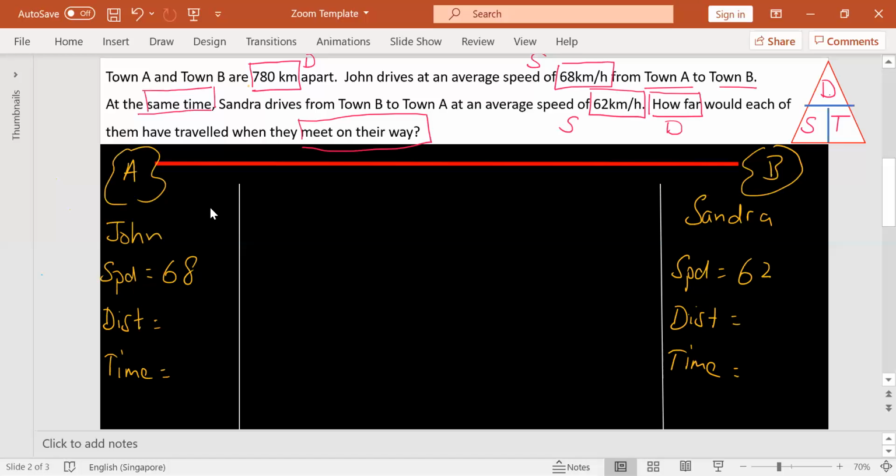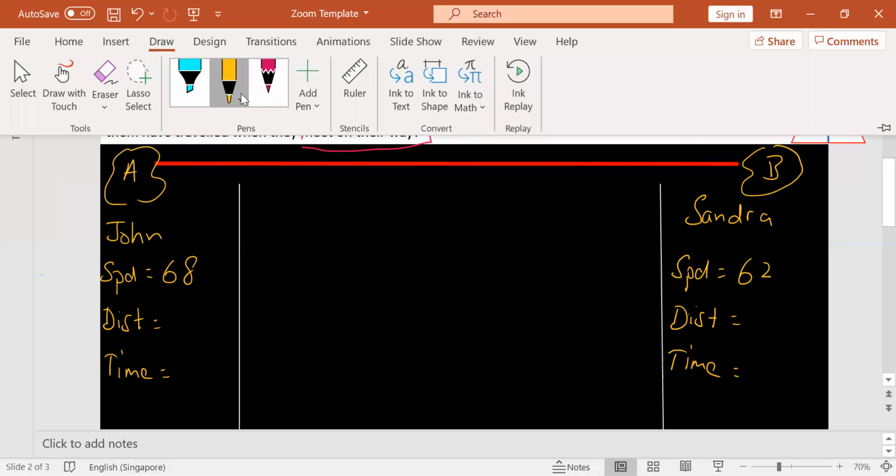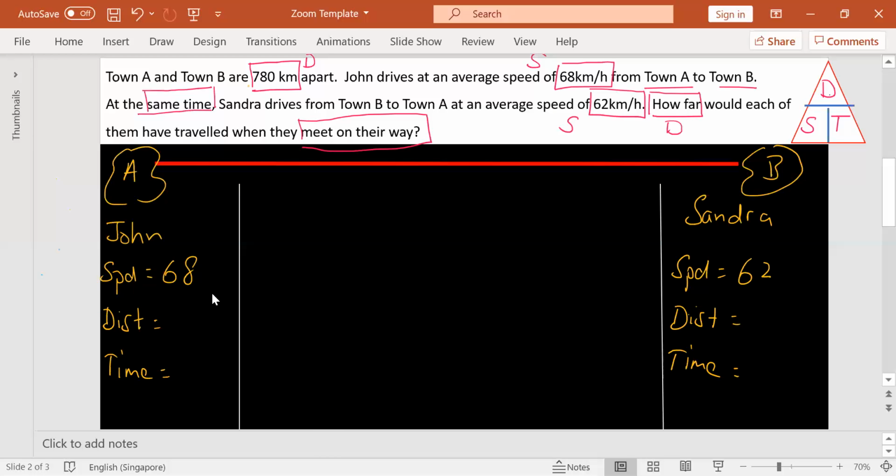Do we know the time taken? Not yet either. Next, I'm going to explain to you an important concept with this sort of sum. You see, when they meet on their way, the entire journey, as we know, is 780 kilometers. When John travels this way, he's going to go all the way straight and he's going to stop somewhere in order to meet Sandra because he's going to bump into her.